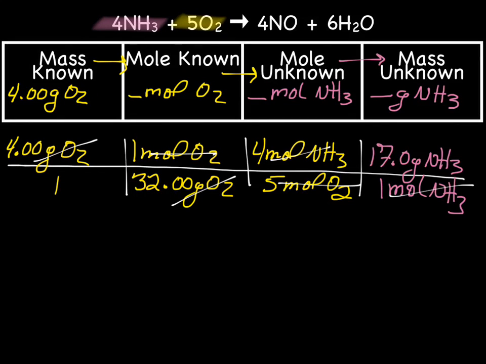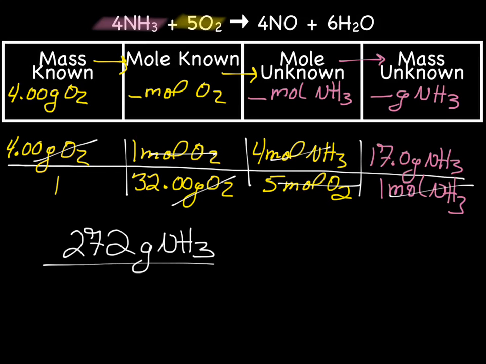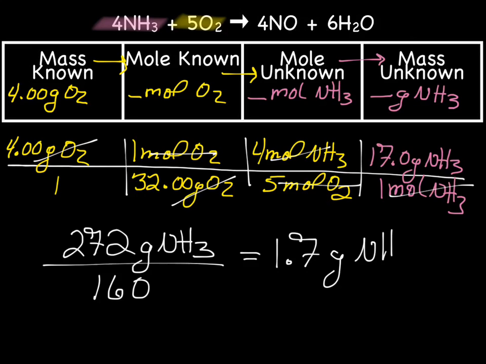Okay, and as we do the calculations, please double check me. So when I multiply across the top, I come up with 272 grams NH3. And when I multiply across the bottom, I end up with 160. When I divide, I get 1.7 grams NH3.